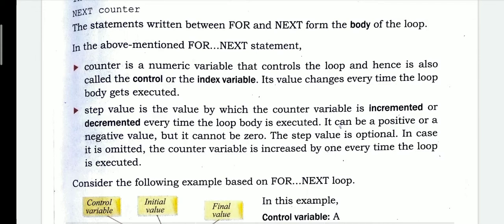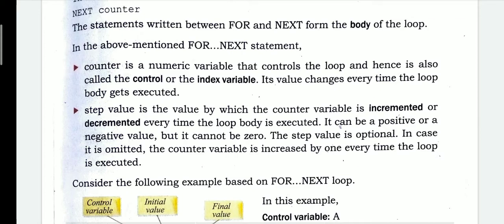Counter executes the given statements a given number of times. Step value is the value by which the counter variable is incremented or decremented every time the loop body is executed. Step value depends upon the final value or initial value.